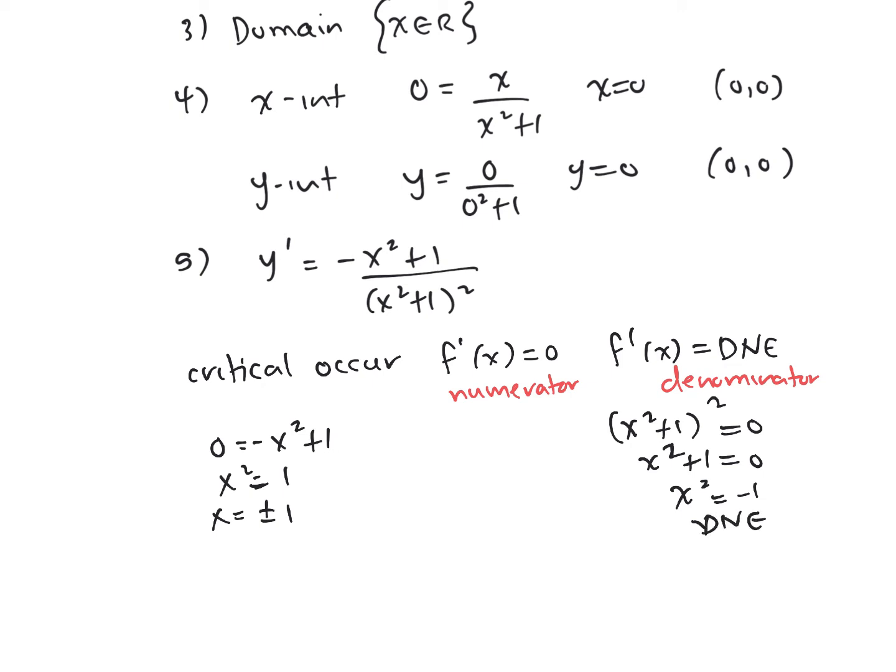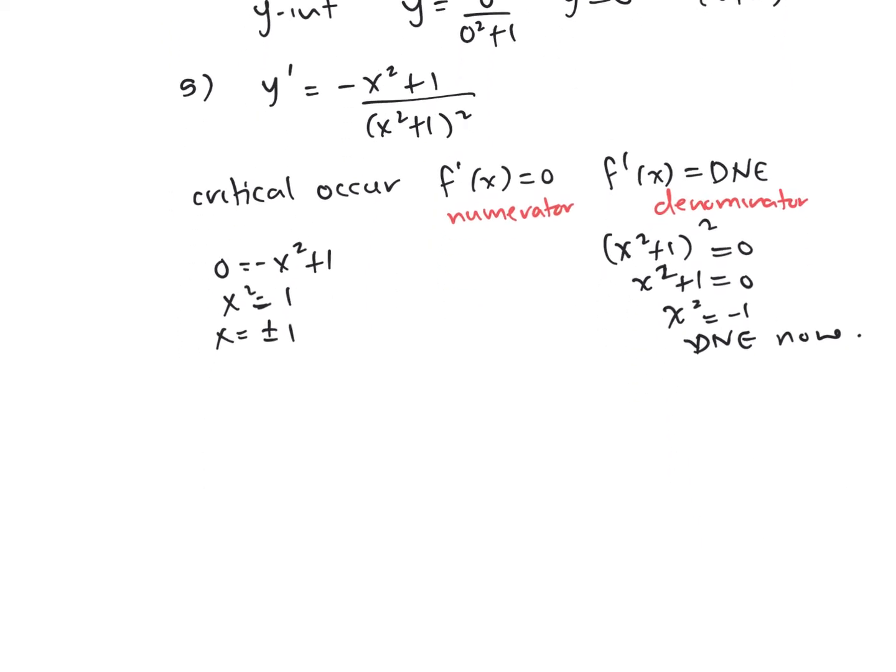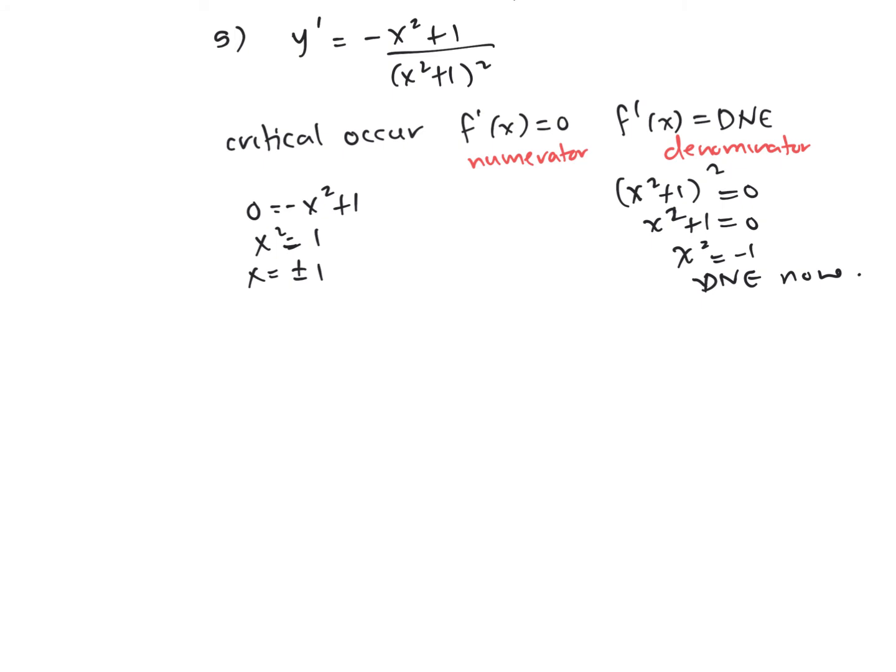So there are none here, and the denominator is not going to give me any critical numbers. So I have a possible local max and min at 1 and -1. Let's go to a new page and continue on with this. I've got my critical numbers at 1 and -1, so I'm going to do my table to determine intervals of increase and decrease.